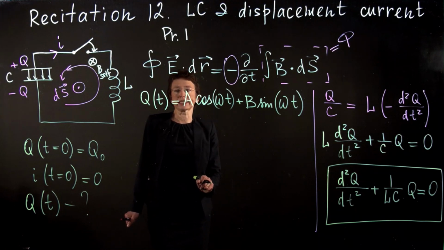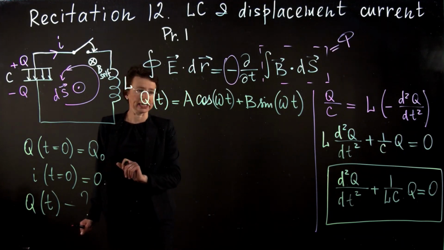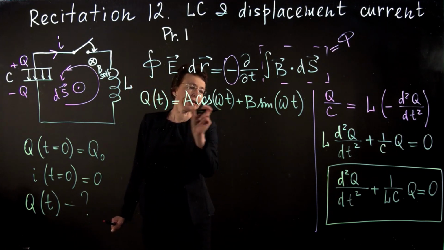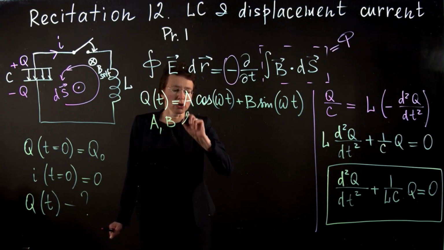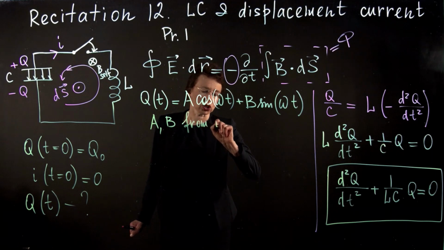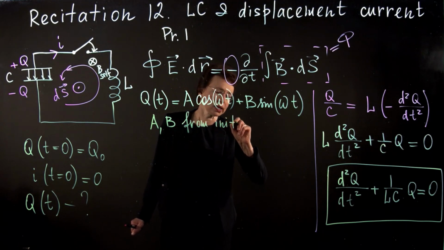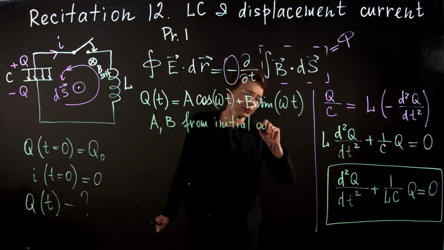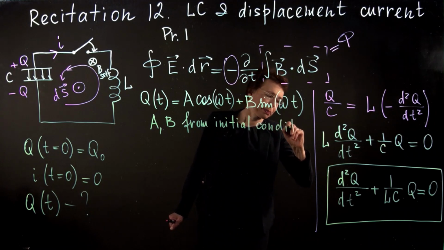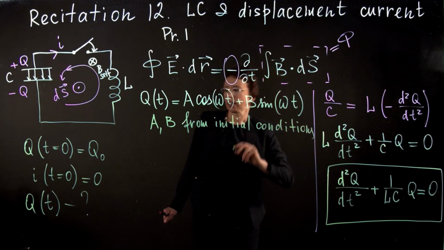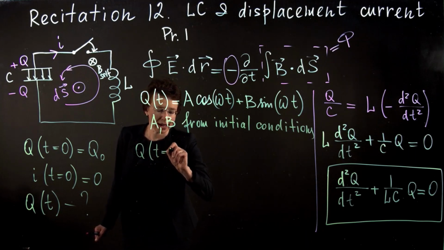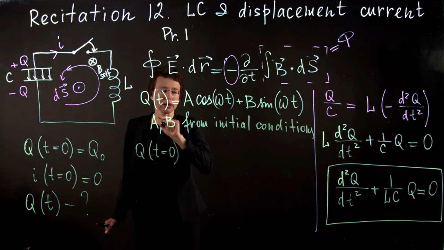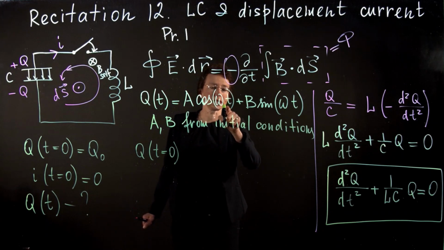What I will do next, I will apply our initial conditions to find A and B. So we find A and B from initial conditions. Q at time moment 0, let's plug in time moment 0.